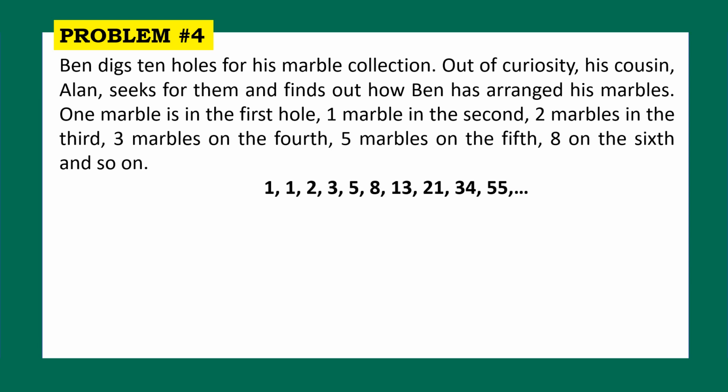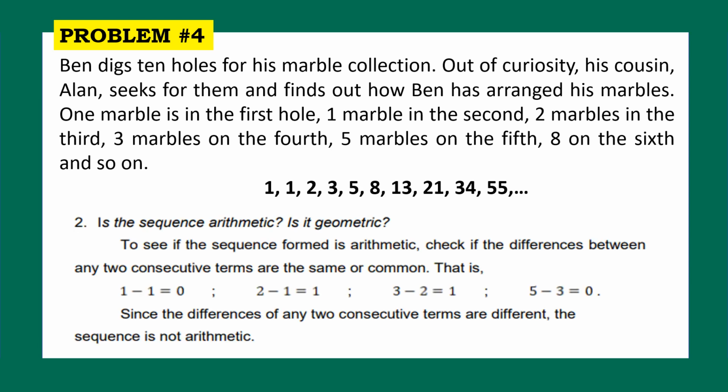Now, for question number 2, is the sequence arithmetic or is it geometric? To see if the sequence formed is arithmetic, check if the differences between two consecutive terms are the same or common. So we subtract the first from the second: 1 minus 1 is 0. The third and the second: 2 minus 1 is 1.